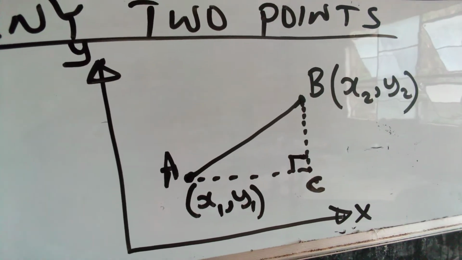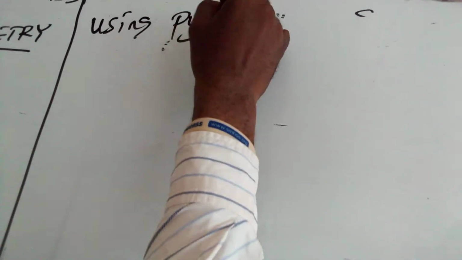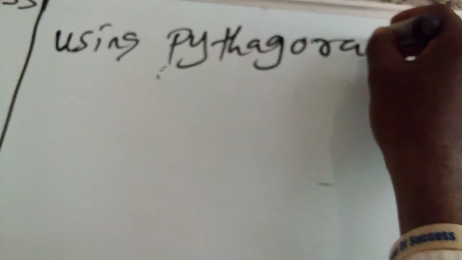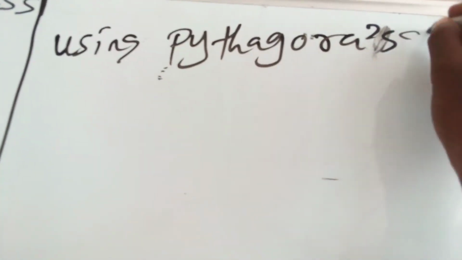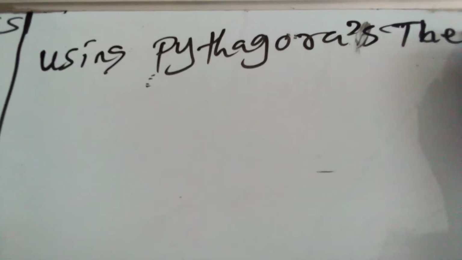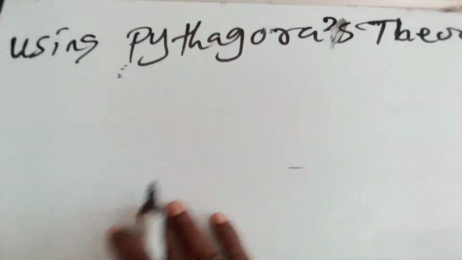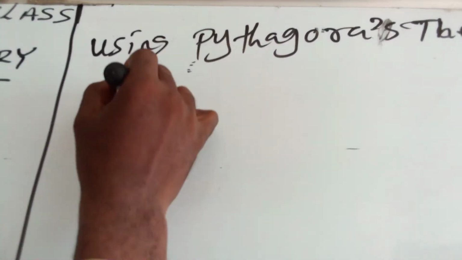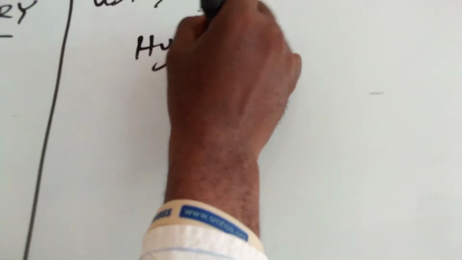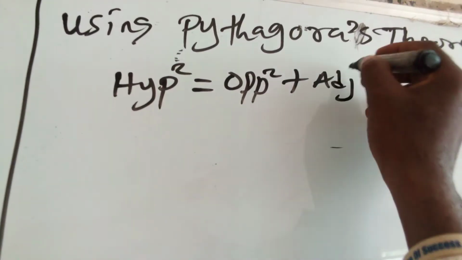So we now use Pythagoras theorem that says that in a right angle triangle, the hypotenuse square will be equal to opposite square plus adjacent square.